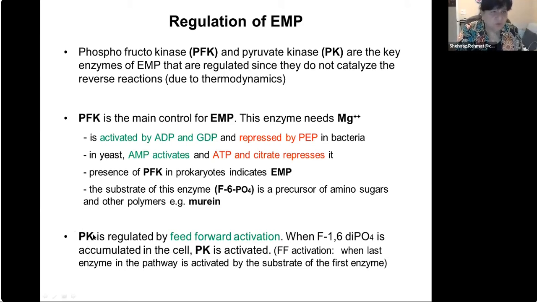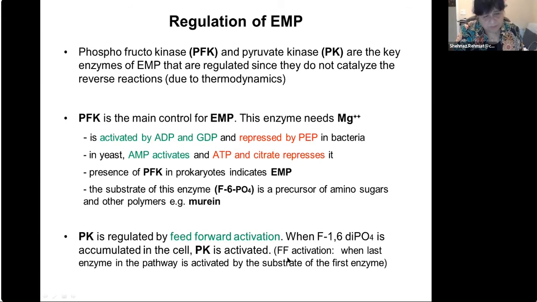Now, the other enzyme which also controls your EMP is PK, which is, of course, pyruvate kinase, which comes towards the end of the pathway. And this regulates the pathway by feed-forward activation. So in this case, what is it going to do? When fructose 1,6-diphosphate is accumulated in the cell, PK gets activated.